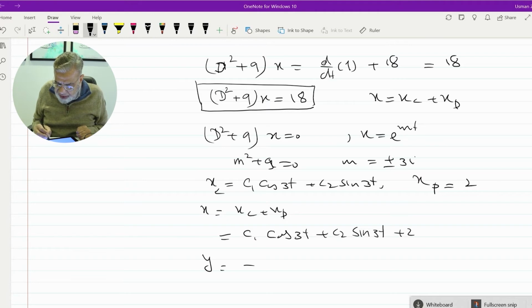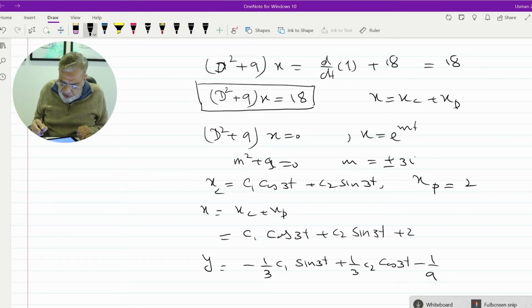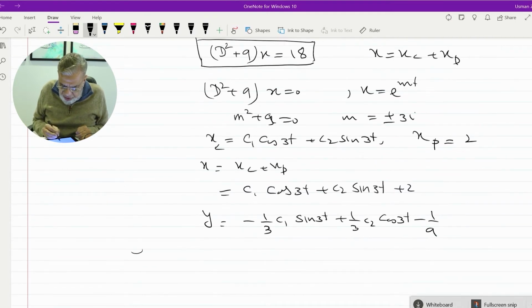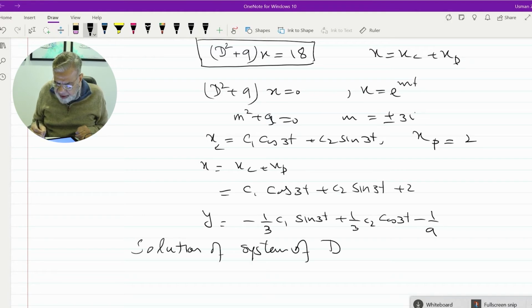The value of y was equal to minus 1 by 3 c1 sine 3t plus 1 by 3 c2 cosine 3t, and minus 1 upon 9. I will say this is my solution of the system of differential equations. This is my value of x and y.